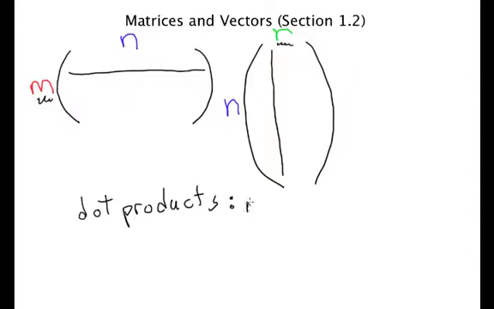So the number I'm going to get is going to be m times r. And you put those into a matrix, and the answer is going to be a matrix of size m by r. Okay?